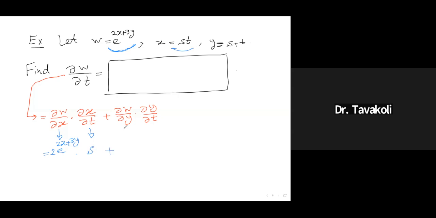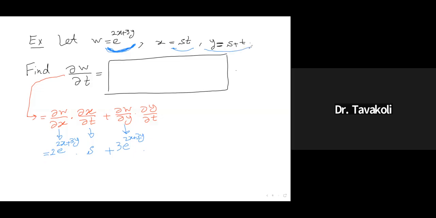Then plus partial derivative of w with respect to y. Now I should deal with y as a variable and x as a constant. And the derivative is going to be 3e to the power of 2x plus 3y. And partial derivative of y with respect to t, y is s plus t.